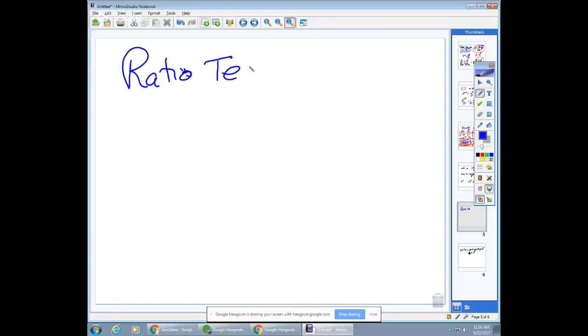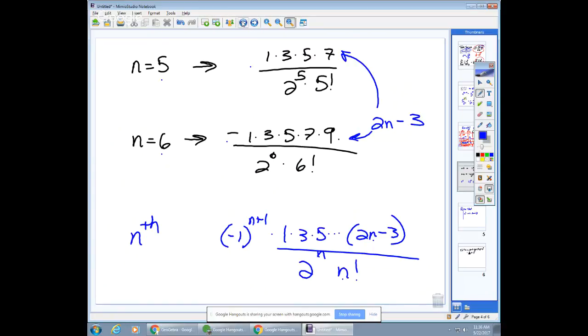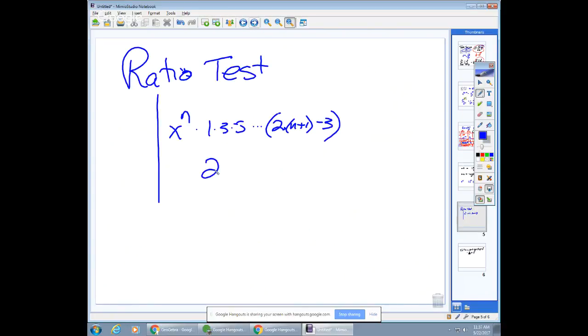Ratio test. All right, so the n plus 1th term, we're going to ignore the sign because of the absolute value. We'll have an x to the n times 1 times 3 times 5 all the way up to 2 times n plus 1 minus 3. That's my numerator, right? Yep. My denominator is going to be a 2 to the n plus 1 times n plus 1 factorial.